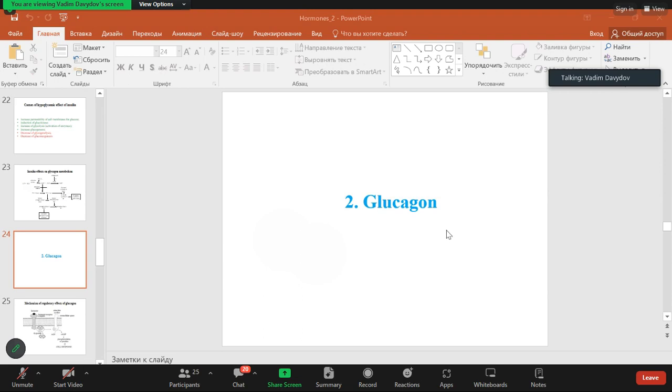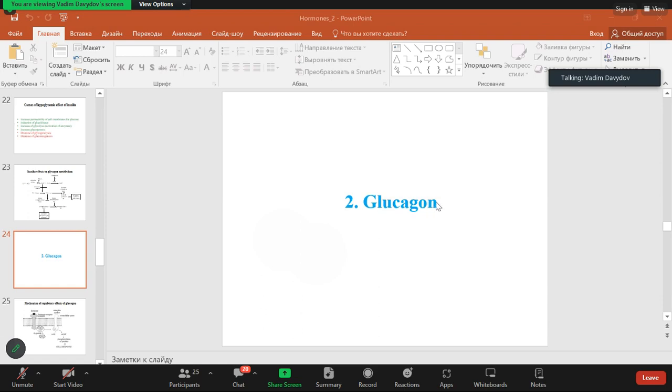Proglucagon again undergoes restricted proteolysis to yield active glucagon. Active glucagon is represented as a peptide which consists of 29 amino acid residues.